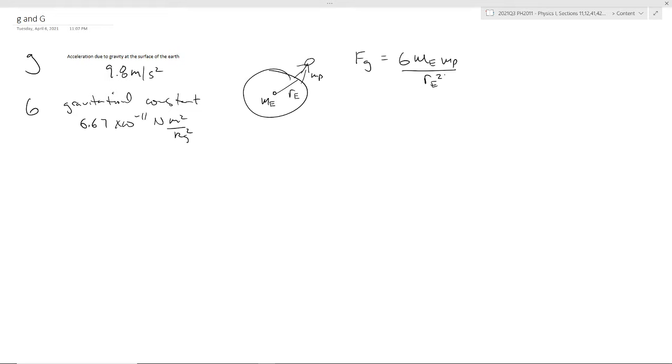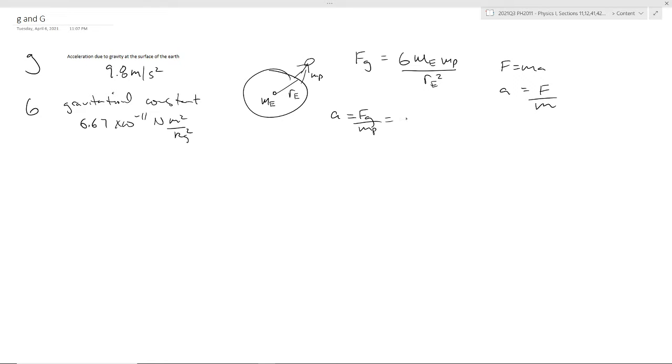Now, if we wanted to find the acceleration due to gravity, remember F equals ma. The acceleration is going to be the force over the mass. So the acceleration due to gravity would be the force of gravity divided by the mass of the person, in this case.